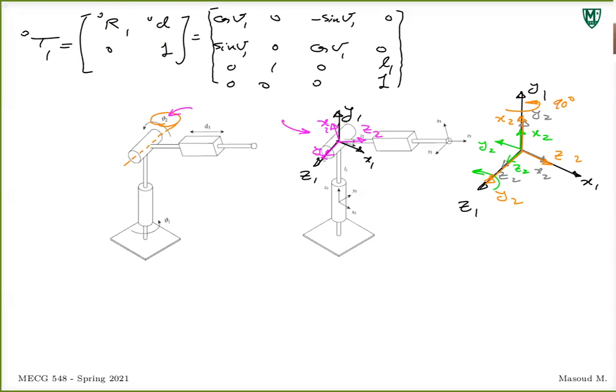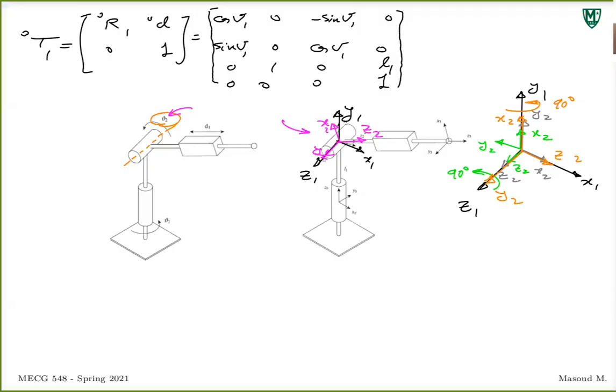So we started from where the gray was. It's buried underneath that. 90 degrees about Z1. That was the first rotation I went through. I get into where the light green is, X2, Y2, Z2. Z2 doesn't change, X2 goes up, Y2 goes the negative direction.